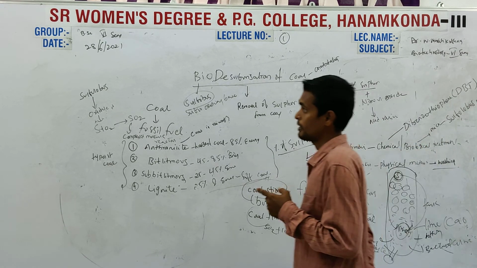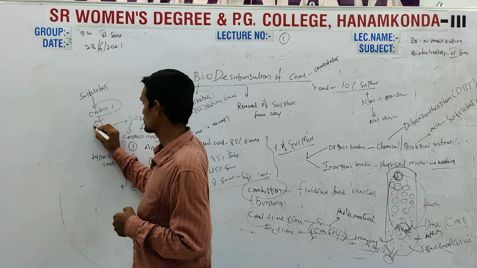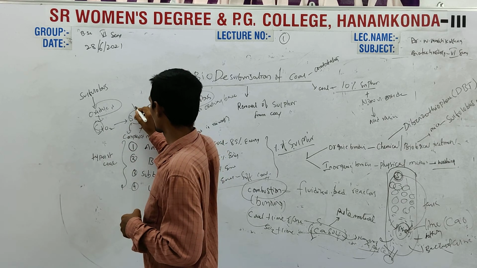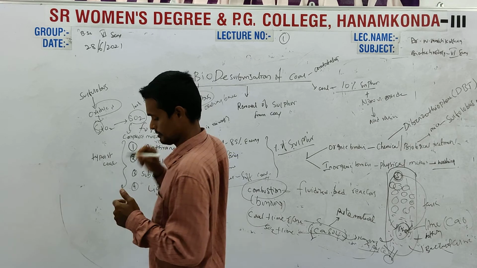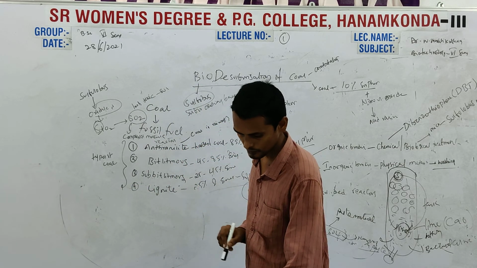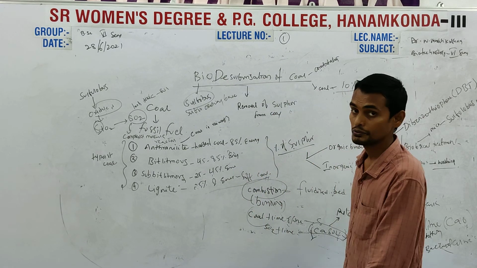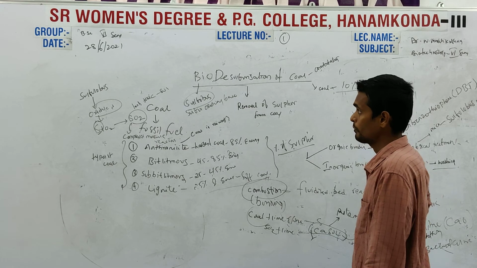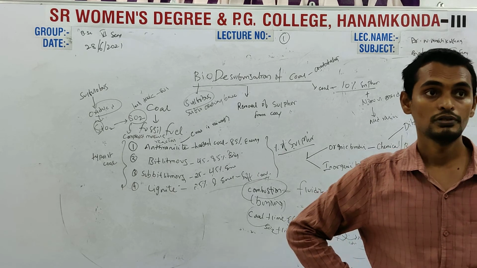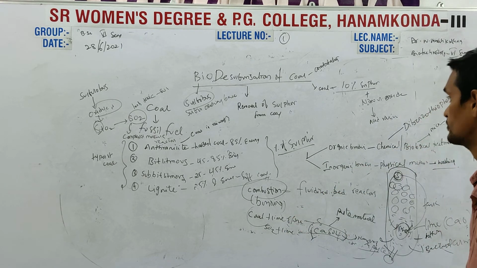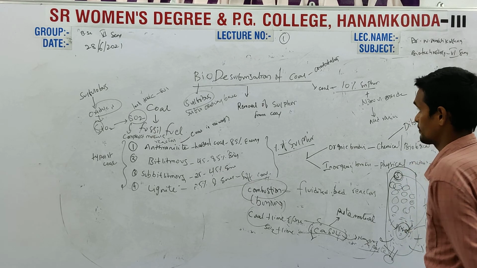Mostly sulfurous bacteria will be used for the oxidation of sulfur to form the less toxic sulfur. So these are about the biodesulfurization.